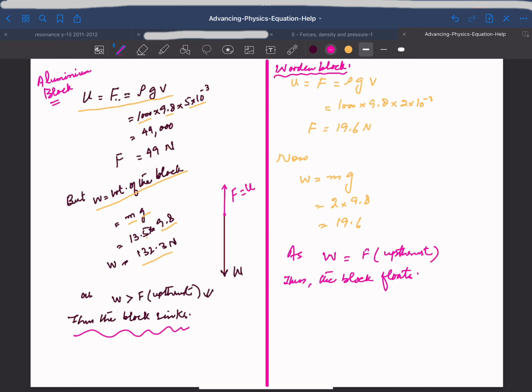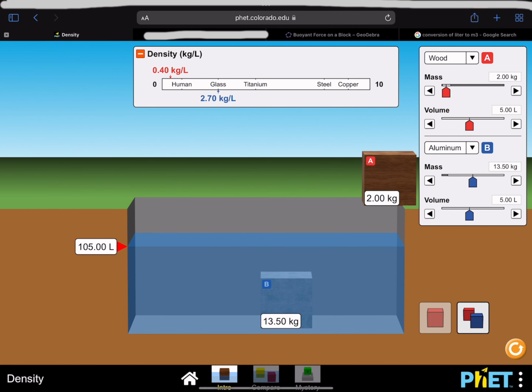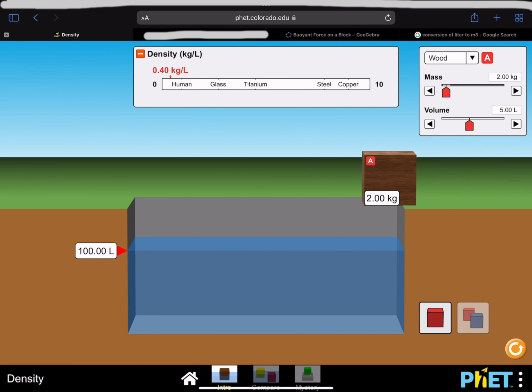On the other hand, when you consider the wooden block only, then what will happen? You can see here you have a wooden block of mass 2 kg, and this block is displacing 2 liter. The initial volume is 100 liter, and when you put this into the liquid you get 102.